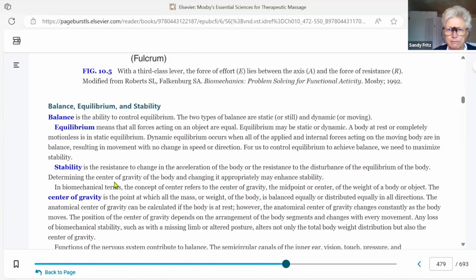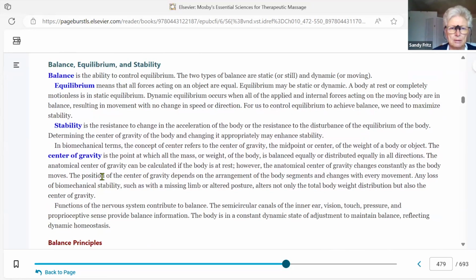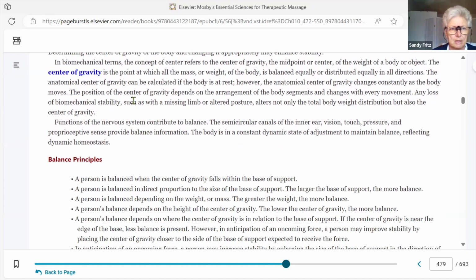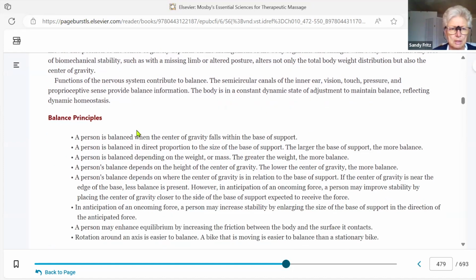We have to have all of that. We have to be able to efficiently move our center of gravity, and reestablish this equilibrium and stability. Walking is a very interesting concept. So these are the various balance principles.